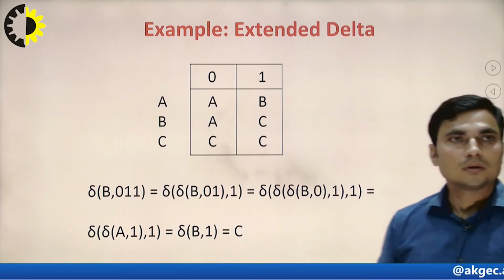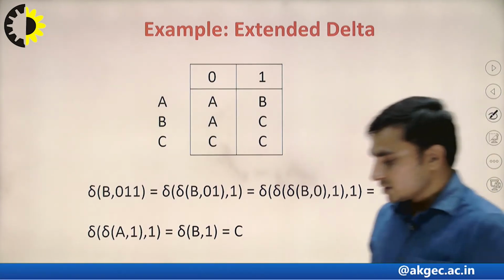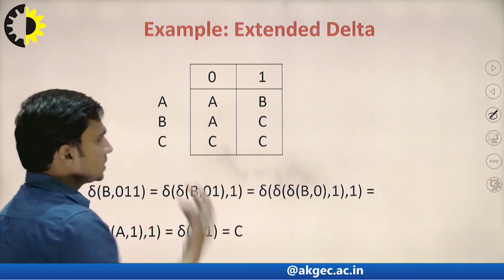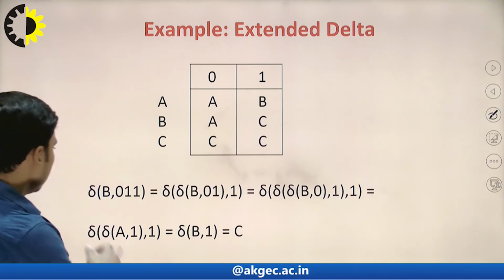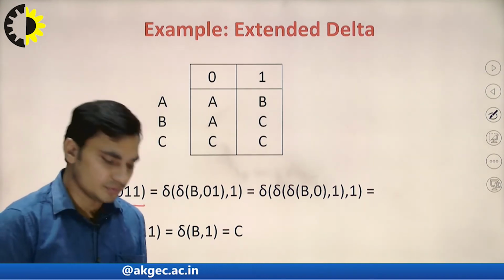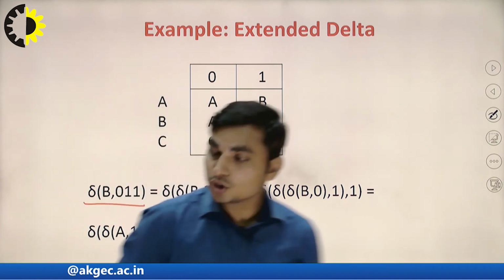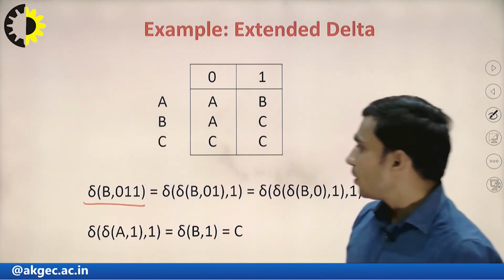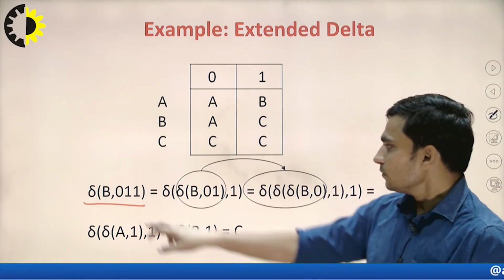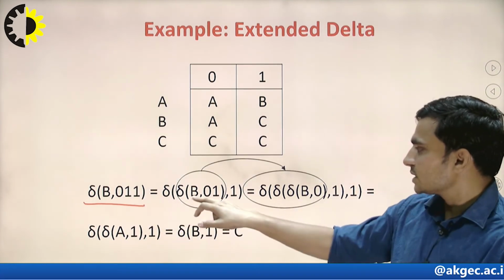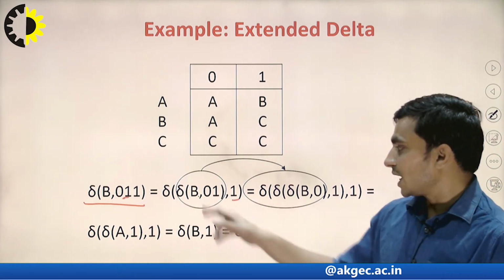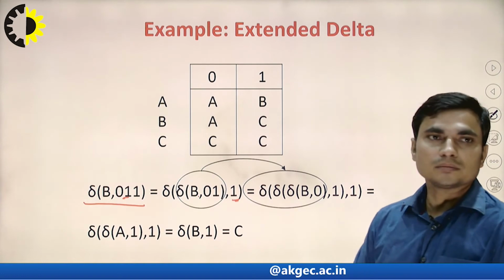Now, the extended transition function, or the extended delta. Suppose we have this table here, and in this we are going to find out what the next state will be when we process 011 on B, okay. For that, first we have to process B on 01, and later we will process the output of this on 1.